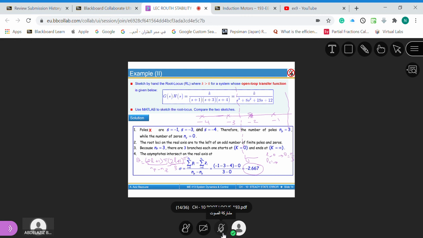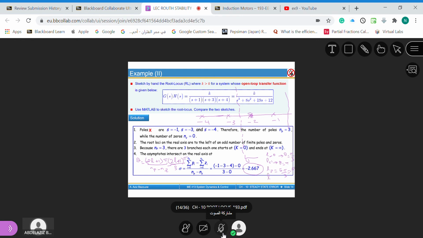3 pi over 3 means theta becomes how much? 180 degrees, or pi. Now if L is equal to 2, this one will be 5 pi over 3, which you can take as minus pi over 3, meaning minus 60 degrees.